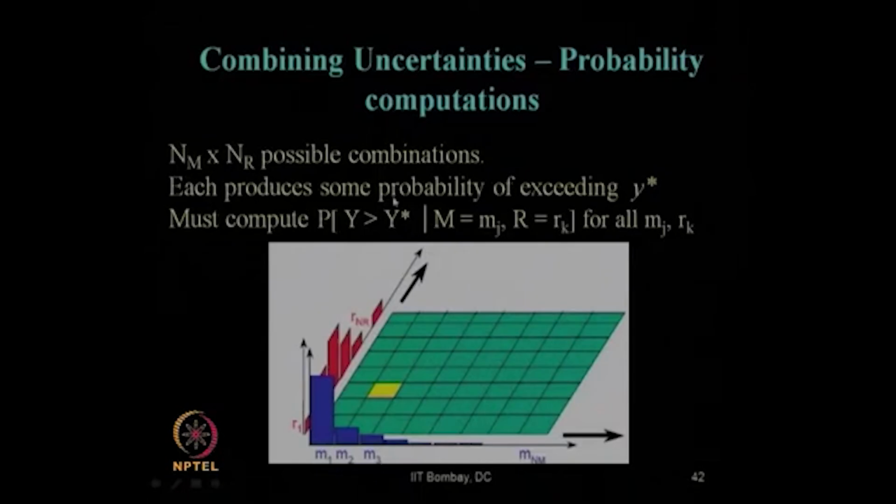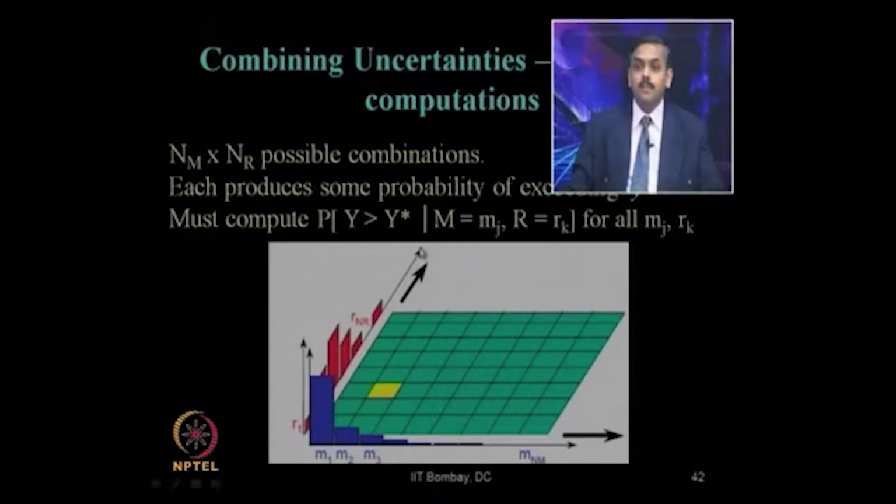Each produces some probability of exceedance of, say, y star, and we must compare this probability of occurrence of the event y greater than y star for a given value of m equals mj and r equals rk, for all values of mj and rk. Suppose this axis talks about all the probability distribution functions in terms of magnitude, and this axis gives us all the probability distribution functions in terms of distances.